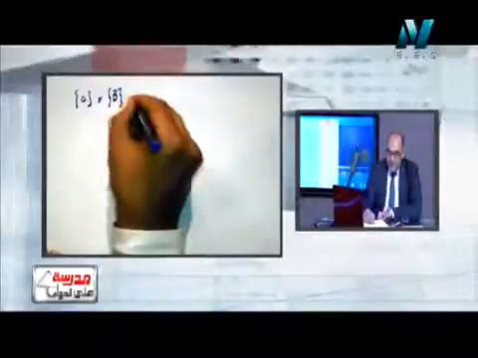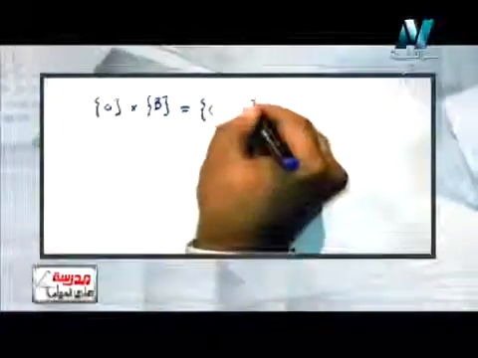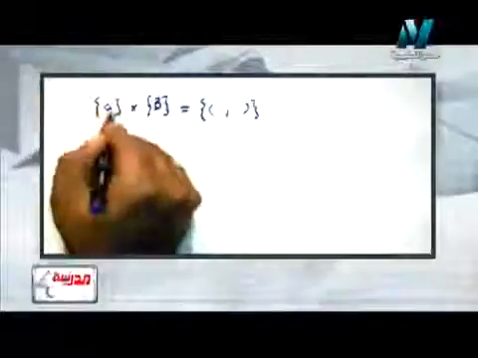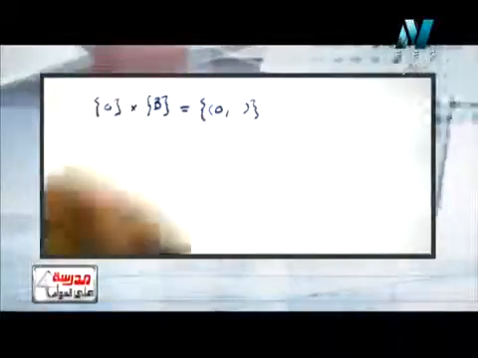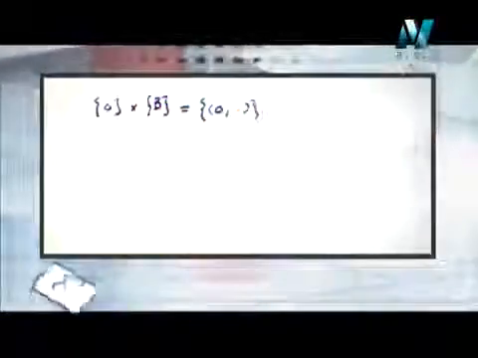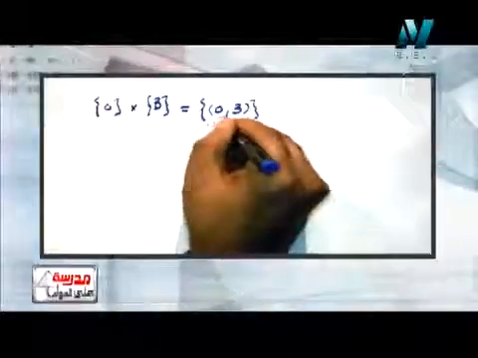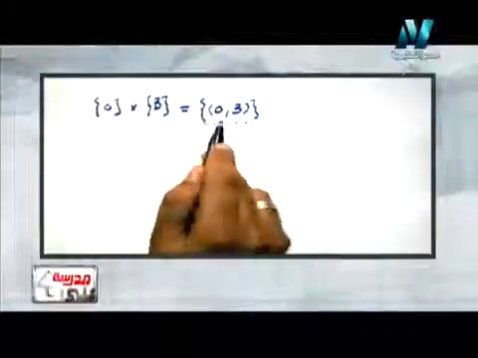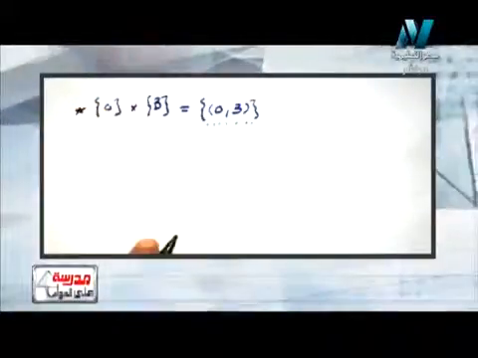To find the answer in simplest form, we put two braces and make an ordered pair. Write in the first element the number in the first set, which is 0, and put the second element in the second space, which is 3. So the final result equals the set of the ordered pair 0 and 3. That's all.